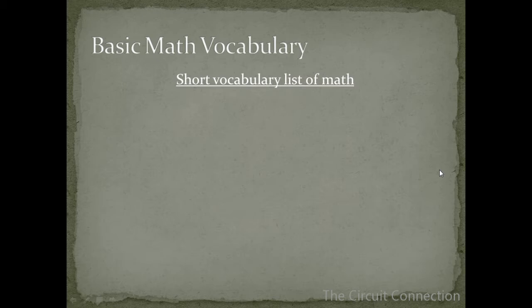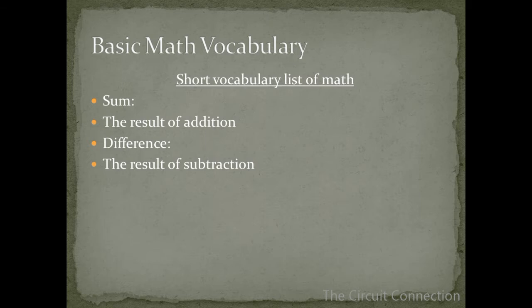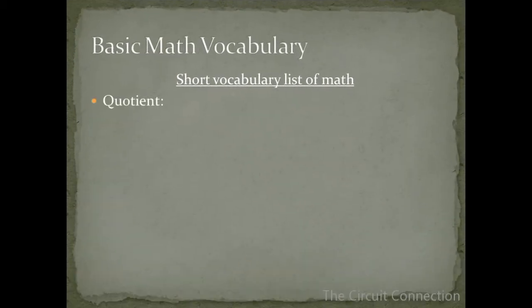So let's go over a short vocabulary list just to make sure that we've clarified some very basic vocabulary points here. A sum. What is a sum? It's just simply the result of addition. What is a difference? It's the result of subtraction. A product. A product is the result of multiplication. A quotient. A quotient is the result of division.